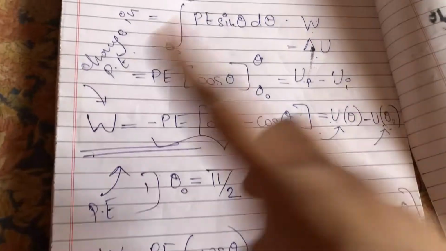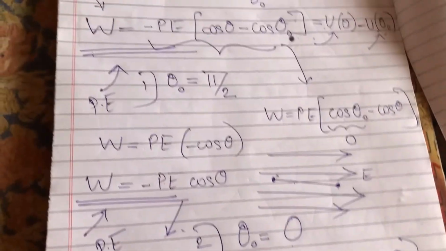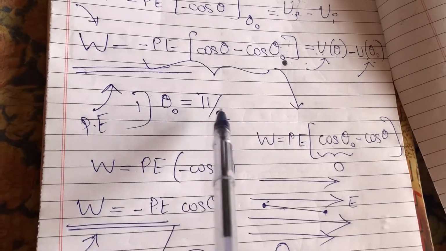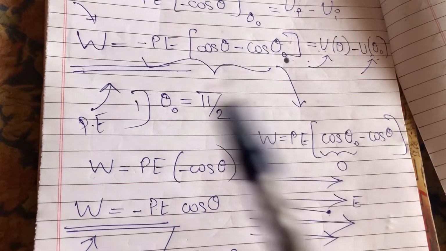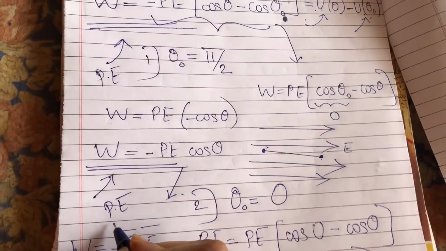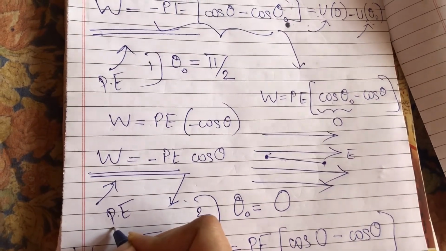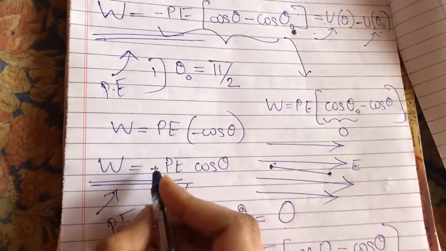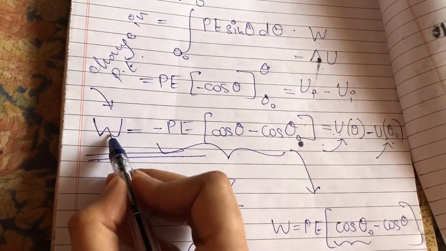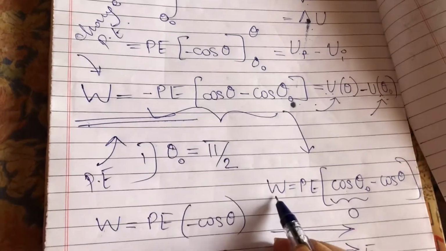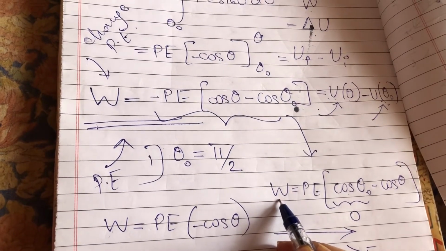Okay, and this work done is change in potential energy, and here this work done whatever we have calculated for your cases, that is not work done, that is your potential energy. See, I have marked it as potential energy, not as change in potential energy. This is the potential energy. Why have we taken W? Because here we had W in the formula and we have done the substitution, right?